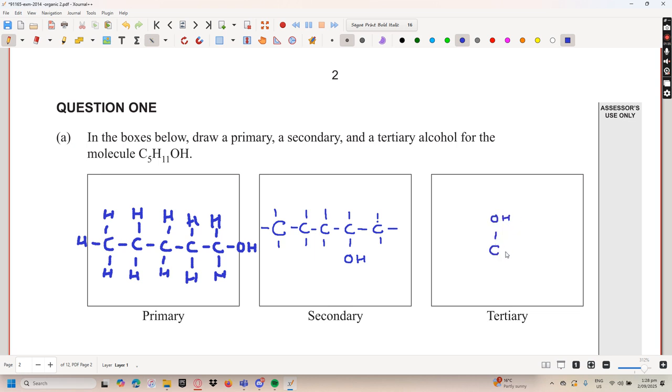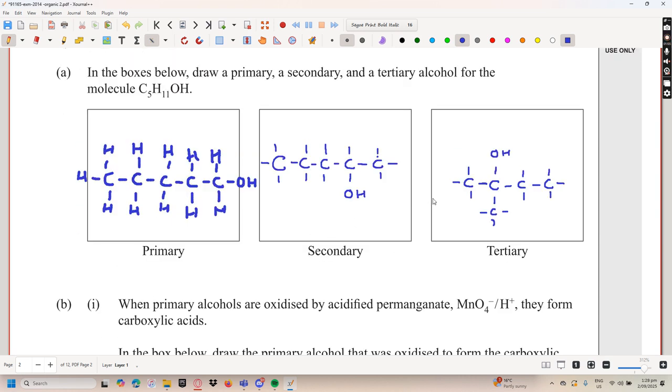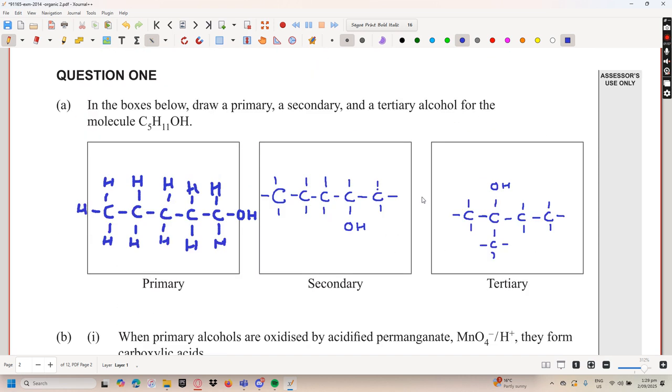So it can be a little bit hard to visualize, but you know it's going to look something like this, and then you just add one more, and again, add H's onto the end of all those. 1, 2, 3, 4, 5, 6, 7, 8, 9, 10, 11. There you go. So it's primary, secondary, and tertiary alcohols covered there.